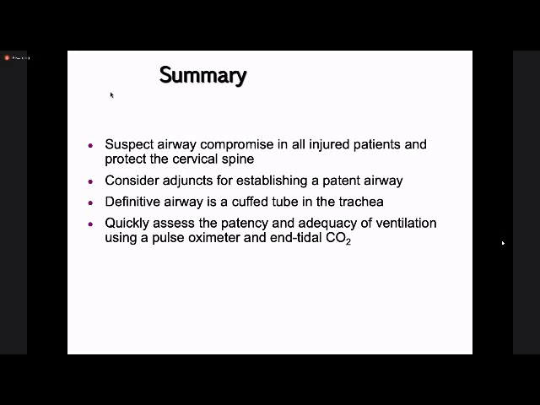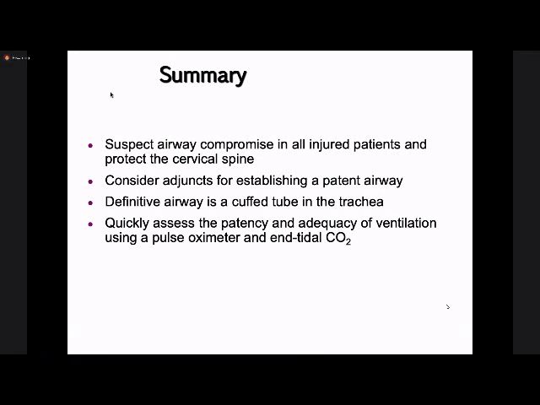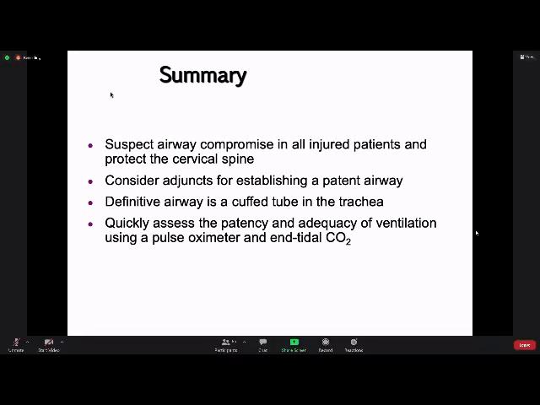you need to suspect airway compromise in all patients, especially if the patient is multiply injured. Initial assessment is talking, but if the patient is not talking, then you need to think of potential upper airway obstruction. At the same time, you need to always treat these patients as having a potential cervical spine injury.